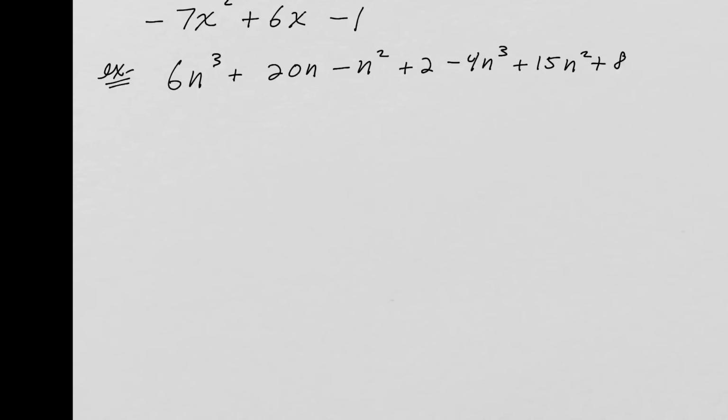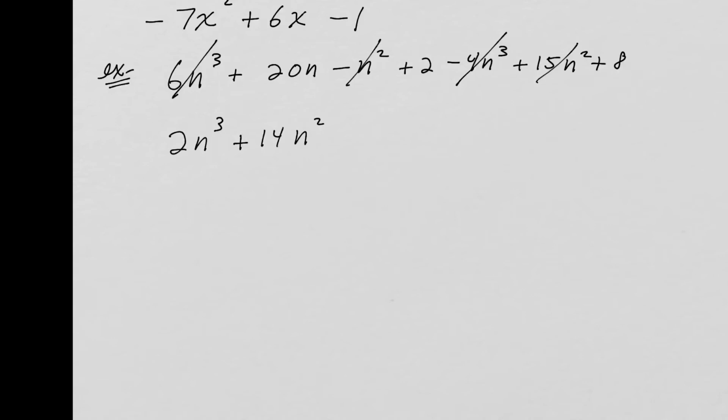So look, what's the terms of highest degree? It looks like third degree, right, is the highest. And I have a 6n cubed and a negative 4n cubed. So what's 6 minus 4? It's 2, right? So this is 2n cubed. So I combine the n cubes together. Now my next highest is n squared, I guess, right? So I have a negative 1n squared plus 15. What's negative 1 plus 15, or 15 minus 1? That's 14. So this is going to be 14n squared.